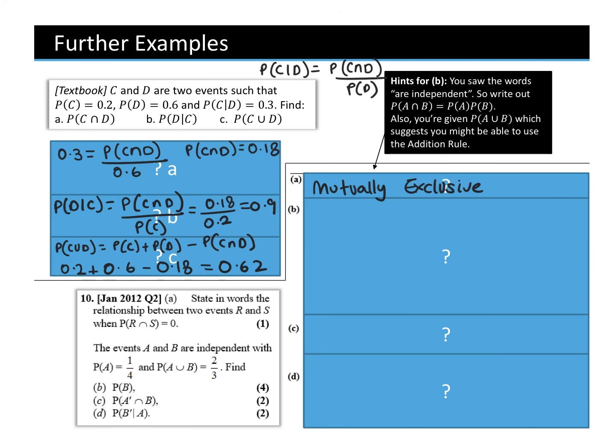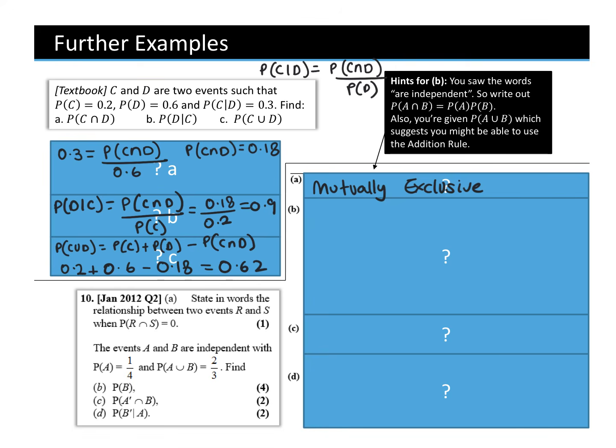Okay, part B. If they are mutually exclusive, we know we can use anything but the addition rule. Now, the addition rule states the events A and B are independent, so we can use the addition rule. If we want the probability of B, now if we think about what rules we've got, we've got the addition rule, which is this one here.